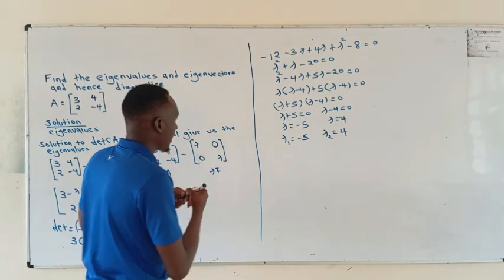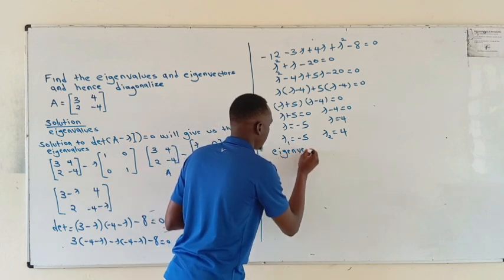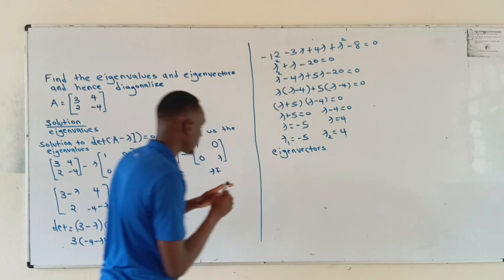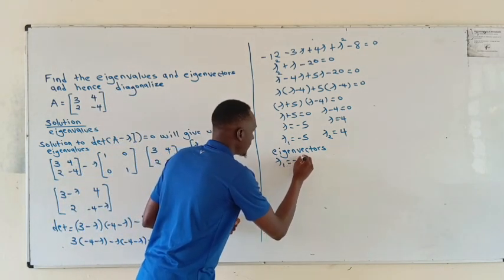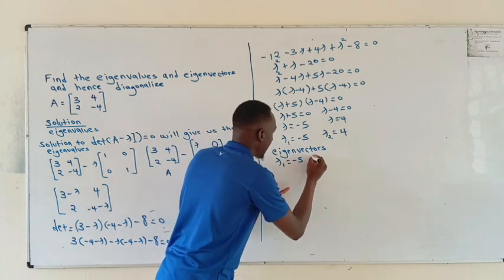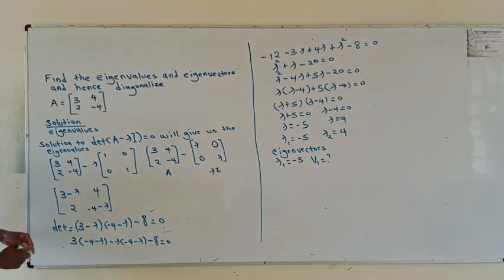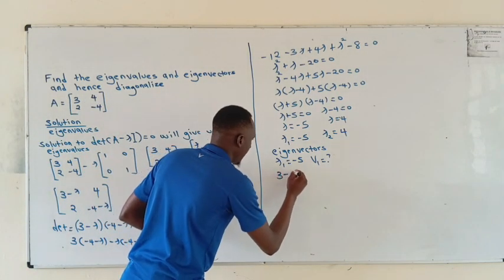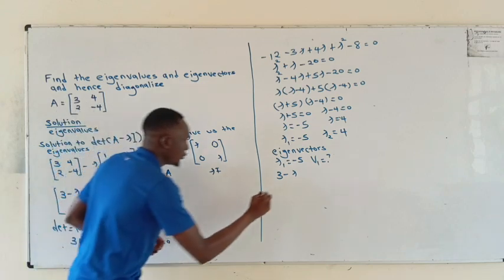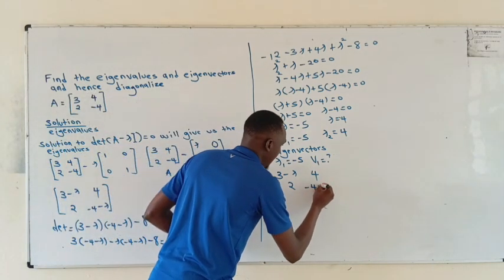Now to find the eigenvectors, we start with lambda 1, which is equal to negative 5, which will give us eigenvector 1, which we want to find. Now we come from our A minus lambda multiplied by the identity matrix, where we have 3 minus lambda, 2, 4, negative 4 minus lambda.